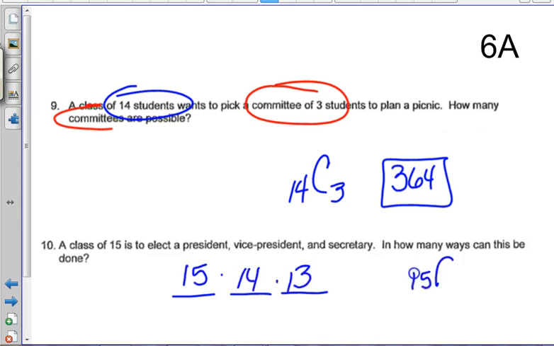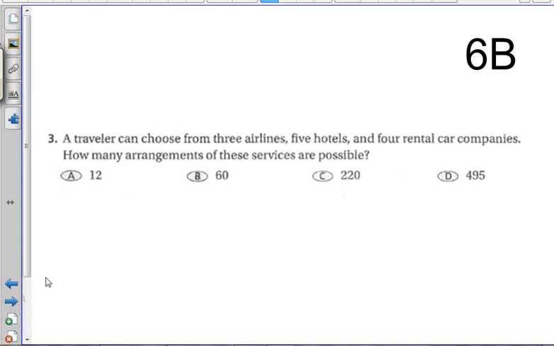You can do 15P3, but I just like this better. I don't know what that comes out, though. 2730, like that? Fati, you agreeing with me? Okay. I was like, he's looking cross-eyed, and he probably knows this better than I do, so something's wrong.